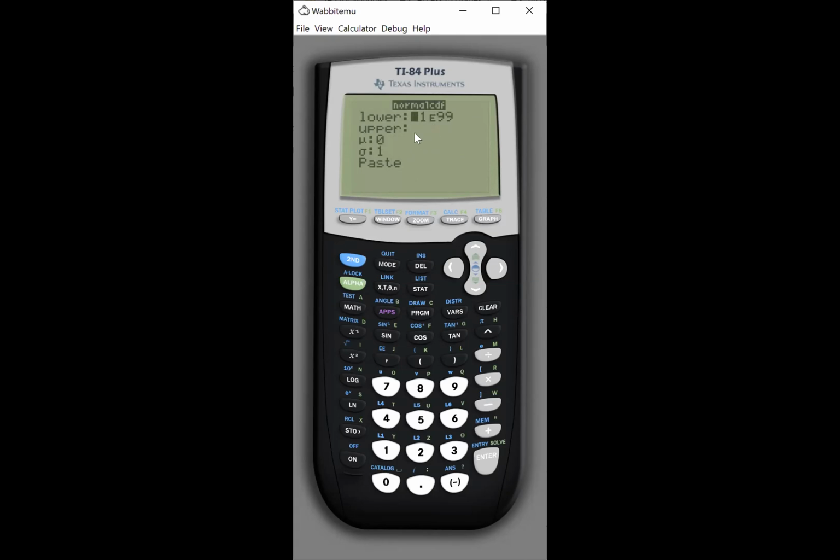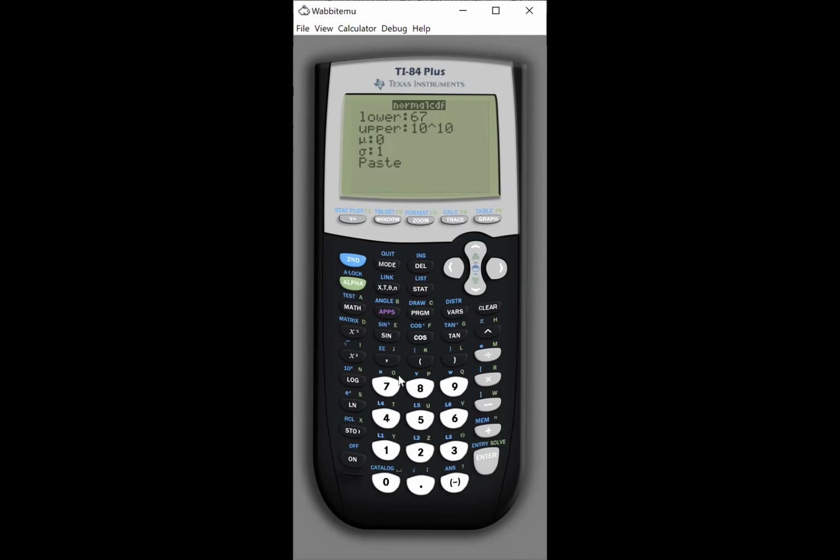The lower is your lower bound, so that's 67. Your upper bound will be infinity, but remember, you don't have infinity, so you put 10. Then look at the button right above the division sign, the one that looks like an arrow pointing up, and you put 10 again.